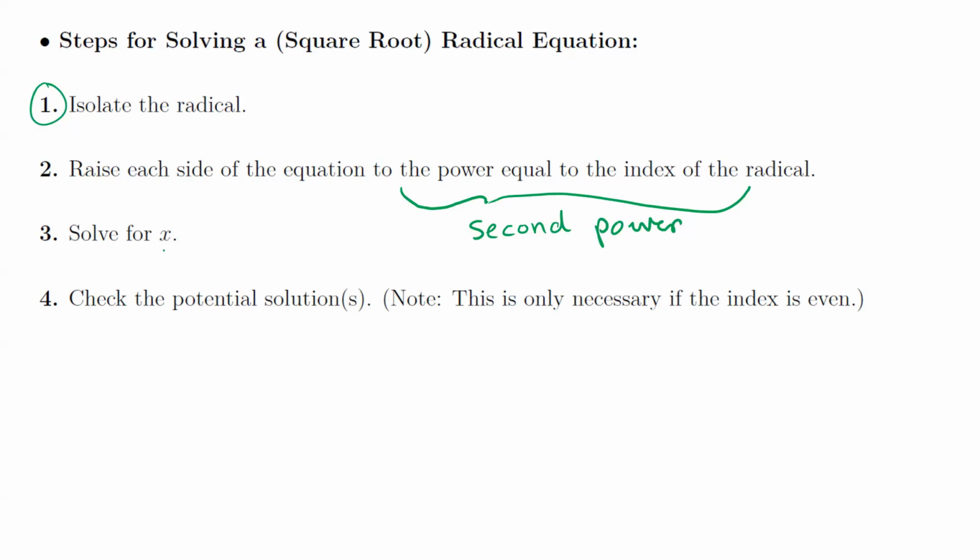Number 3, we'll solve for x, however you need to do that. Sometimes it's solving a simple equation. Sometimes, like the last one, we have to solve a quadratic equation. And then number 4, that last thing we did was we checked potential solutions.